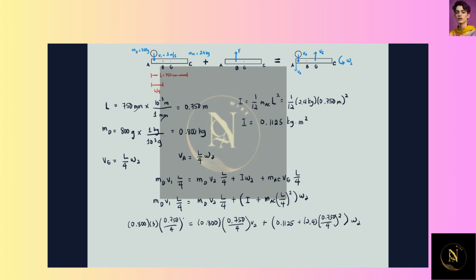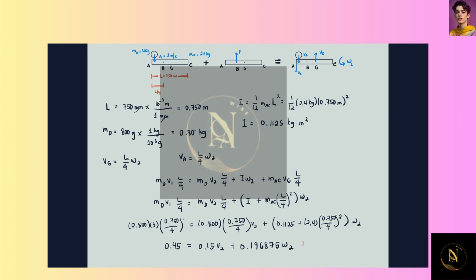Simplifying the equation, this will become 0.45 equals 0.15 times V2 plus 0.196875 omega 2. So this is now our equation 1.